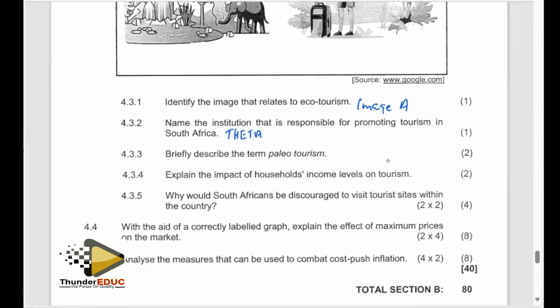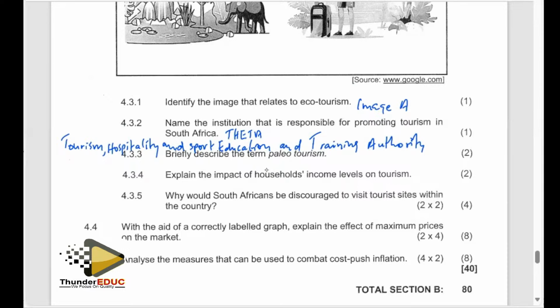So this THETA stands for Tourism, Hospitality, and Sport, Education, and Training Authority. Okay, right?